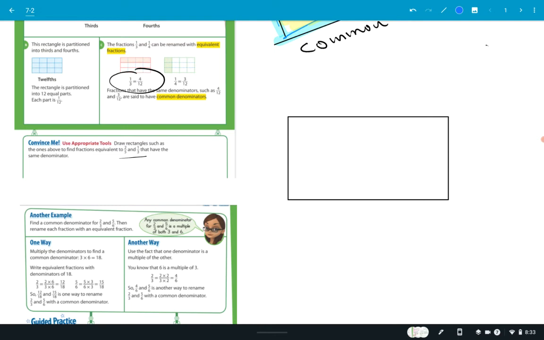If I wanted to draw this rectangle into thirds, I'm going to draw 2 lines. Actually, I probably need to move that over just a little bit. This is now in thirds.